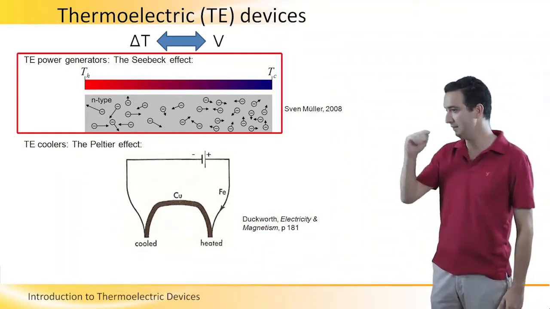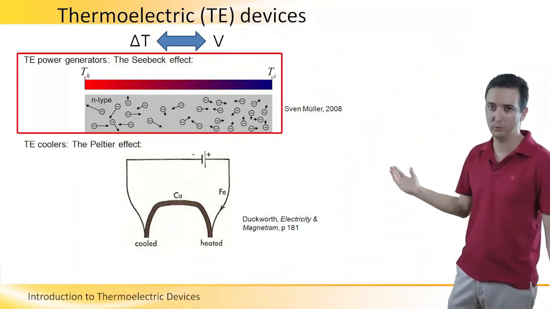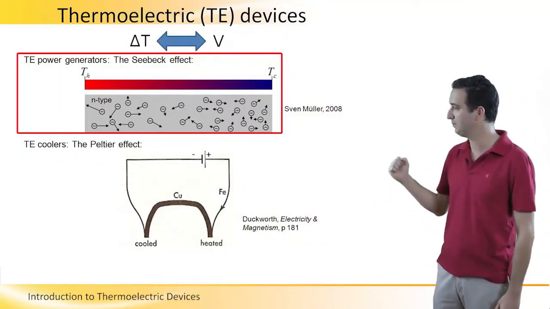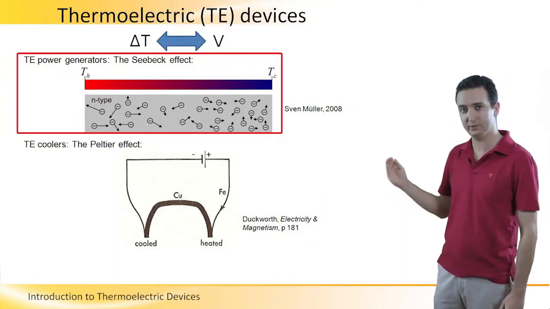In these levels, which were previously unoccupied, the diffusion rate is higher.